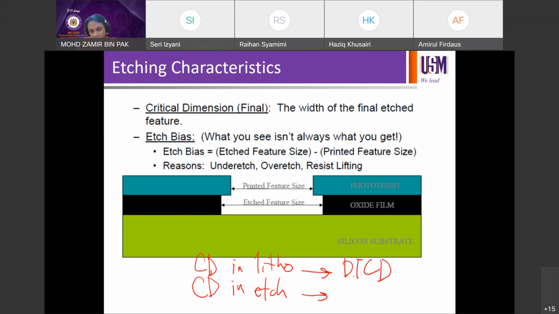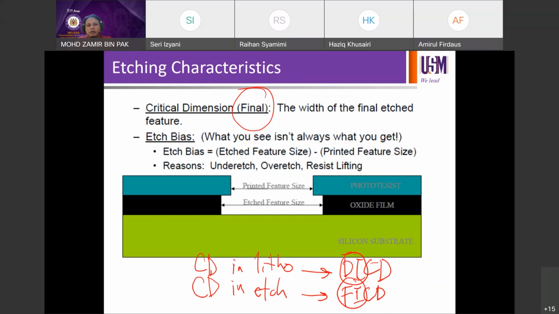DICD. What is DI? After etch is FI. What does FI mean? DICD is develop, inspect, CD. After develop, we inspect. FI is final CD.